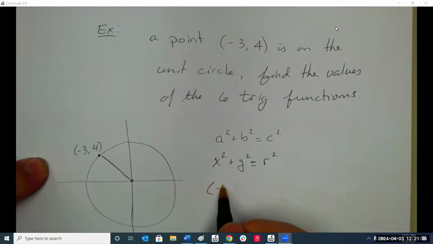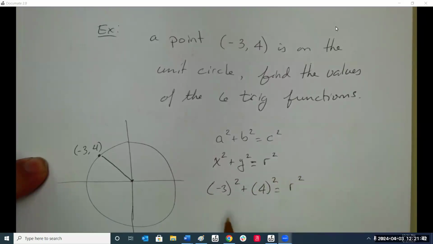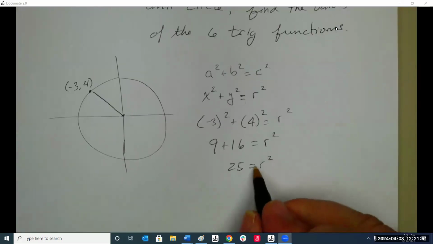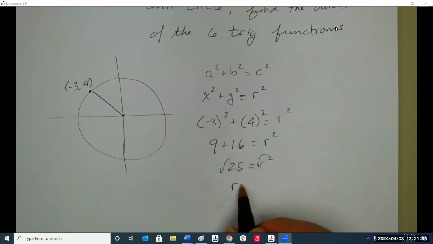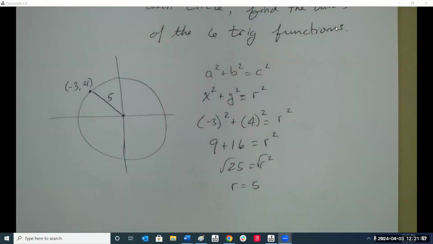So we have negative 3 squared plus 4 squared, 9 plus 16, 25, and square root. So the radius is 5. So far, so good?